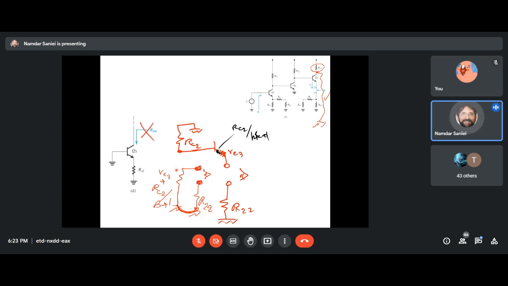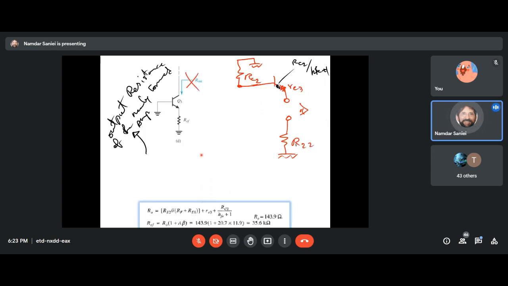Now what we have is like this: the little RE3 and RC2 over beta plus 1 is connected to ground, and from the other side is connected to R22, and these are the two points that we're looking in as the output resistance of this loop. Okay, so that's the output resistance.